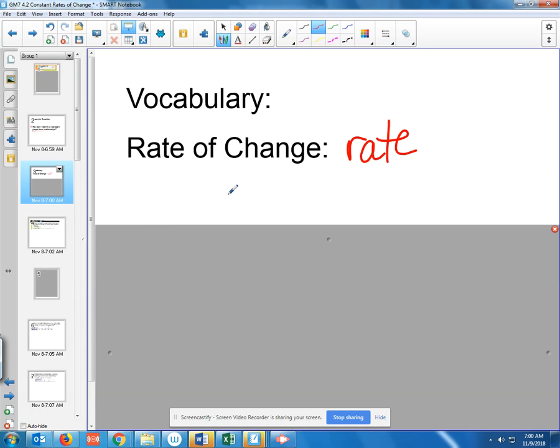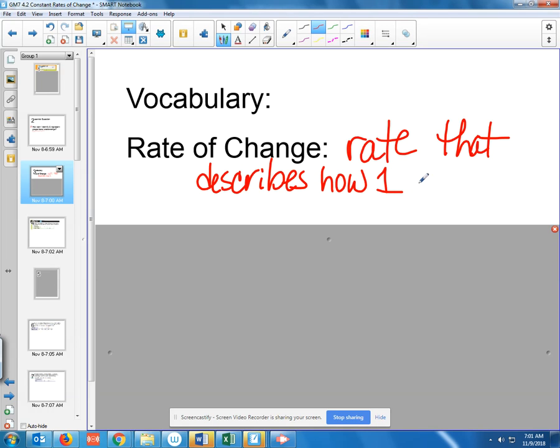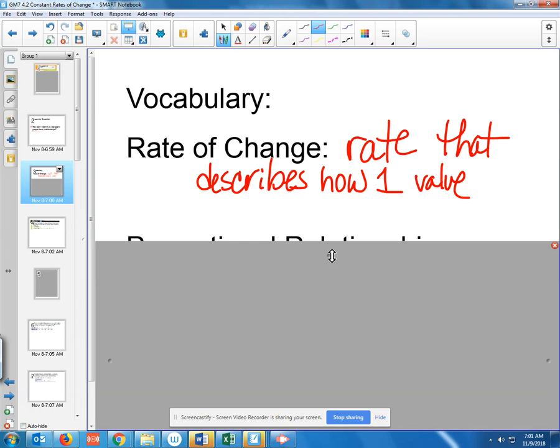So basically, we're going to talk about some sort of rate that describes how one quantity or one value, I'll just use the number one, okay? How one value relates or changes with respect to another one.